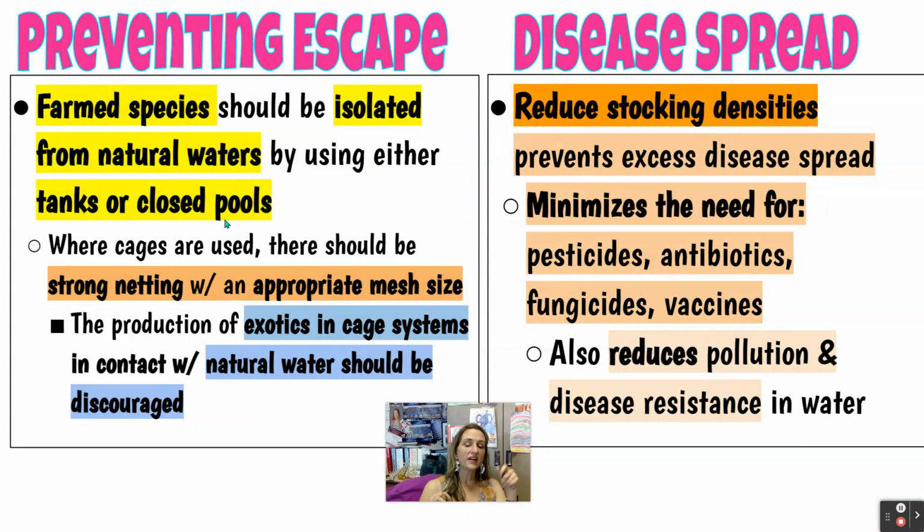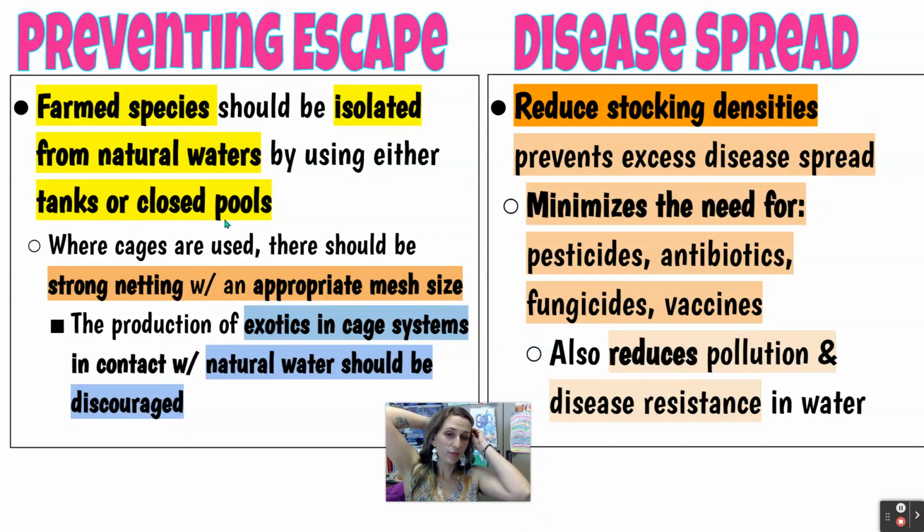The production of exotics in a cage system: a species that is 100% going to be invasive, that really doesn't belong in that area, should not be in contact with natural waters at all. And if they are, keep it away from MPAs or any sort of protected area or reserve or area where you already have an endangered species.